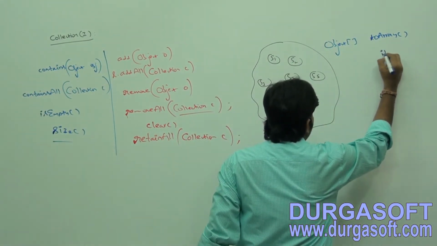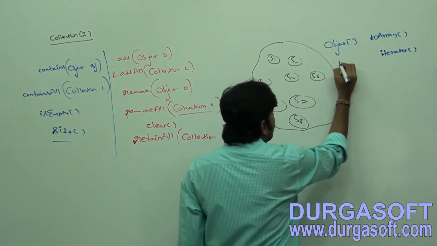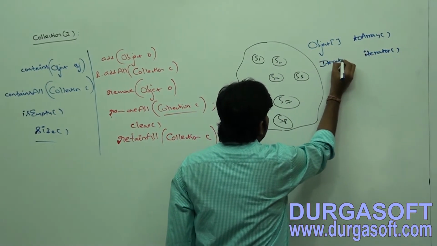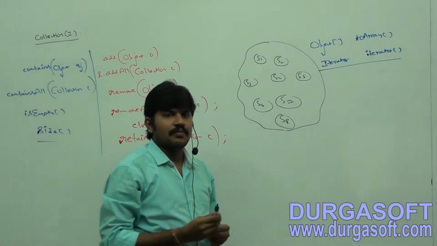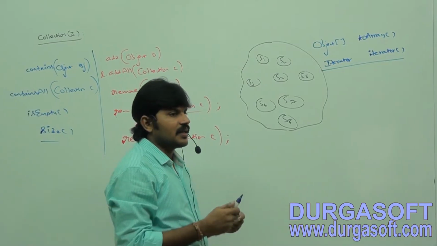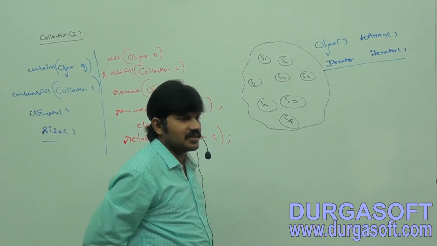We have to call the iterator method. The iterator method returns an iterator object. Make sure you all have clear clarity. Any explanation required?